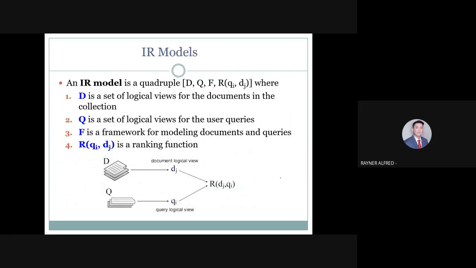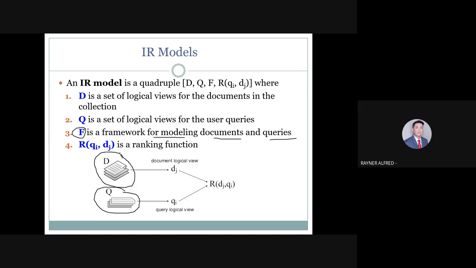Okay? So for that, we build an IR model. An IR model consists of a quadruple, 4 elements, 4 items. The first one is the document that you have. The second one is the query that you have. We also have a framework for modeling document and query. This is the framework that we use to represent the document and the query.